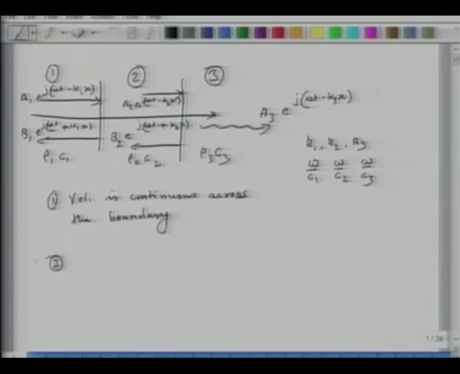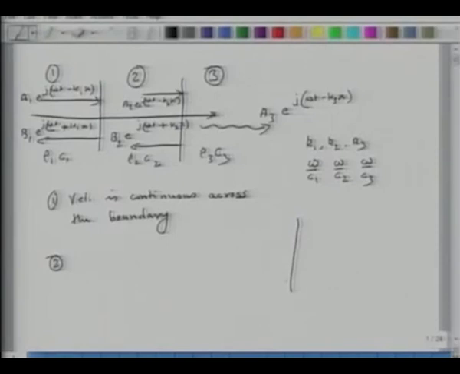What else? Displacement? Amplitude will be a consequence of velocity itself. But pressure will also be continuous across the boundary. And why will pressure be continuous? Because if pressure is jumpy, so this is my boundary, and just inside you have P1 and just outside you have P2.